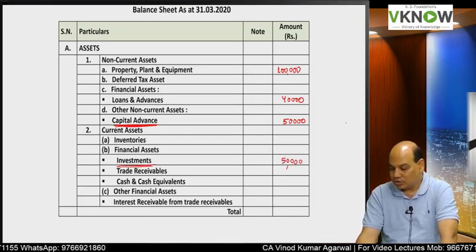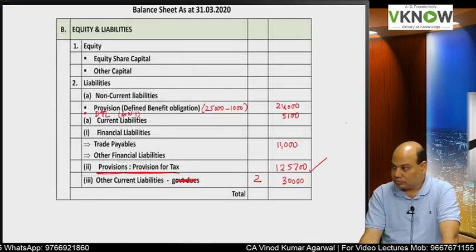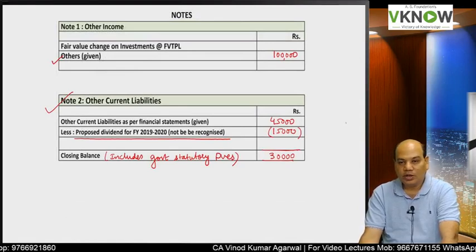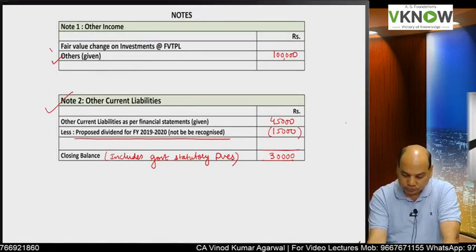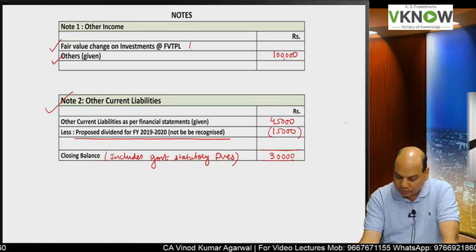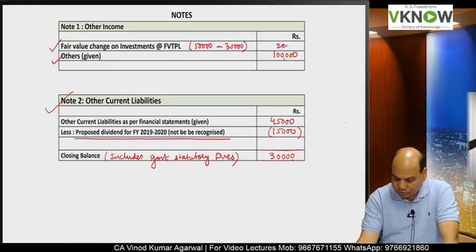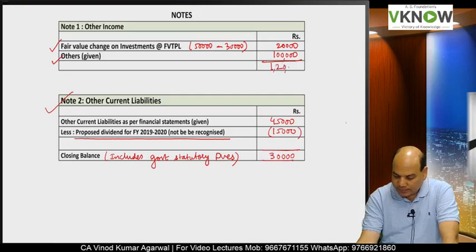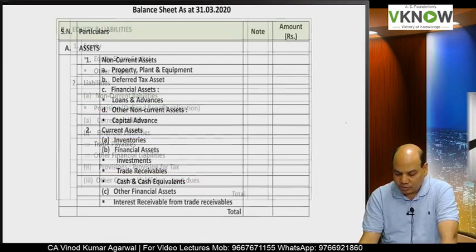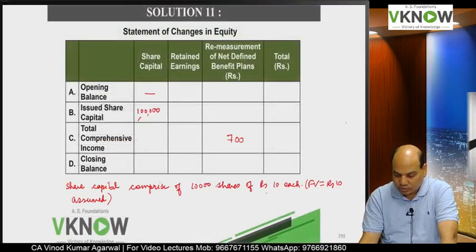So where is the 20,000 effect? It will be added in other income, note 1. Fair value change on investment at FVTPL 50,000 minus 30,000, 20,000. So my total will be 1,20,000. So I'll go to the balance sheet, sorry, P&L account.